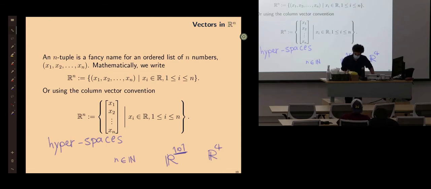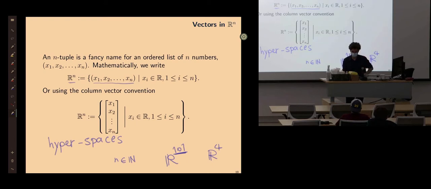Okay, this is just some terminology. So let's talk about Rn. Rn is just a straightforward extension of what we learned. It's the set of n-tuples such that each of the entries of this tuple are real numbers.